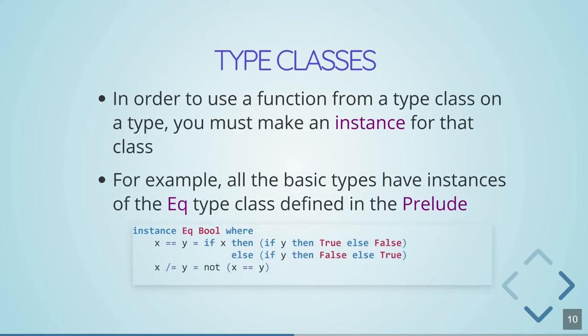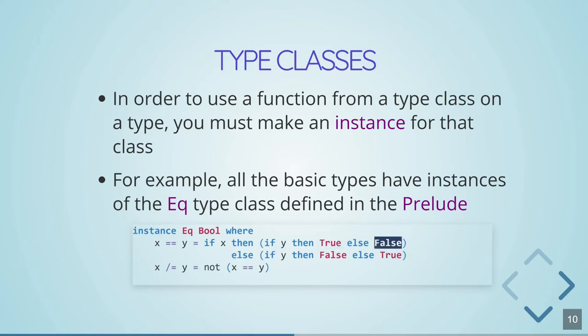Now, when we make an instance of the type class, we give it the type for a, in this case Bool, and we say this is how double equals is going to be defined for Bool. We're saying x double equals y, and we check if x, which is a Boolean value, is equal to true, then if y is also equal to true, we return true.